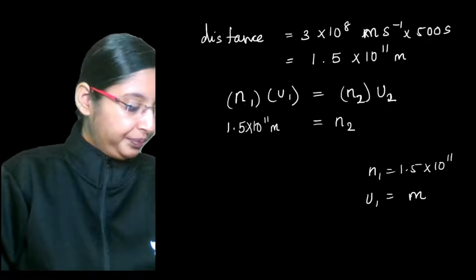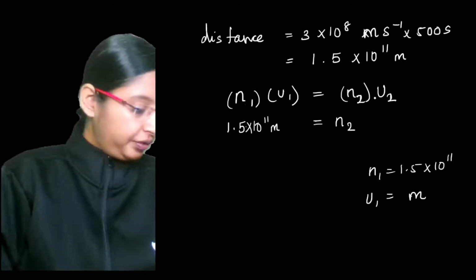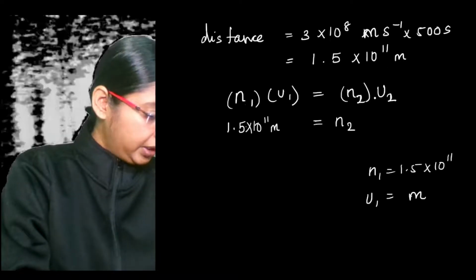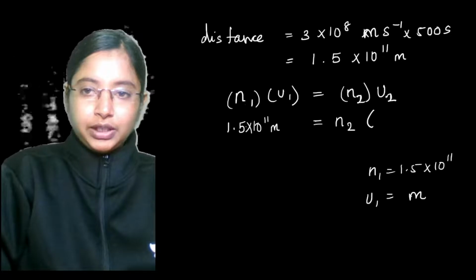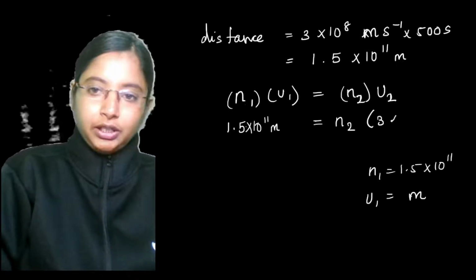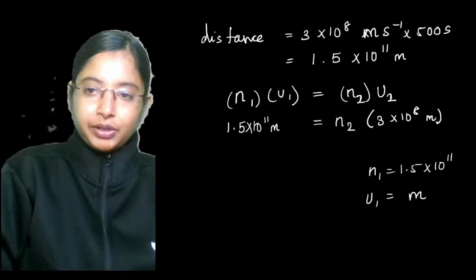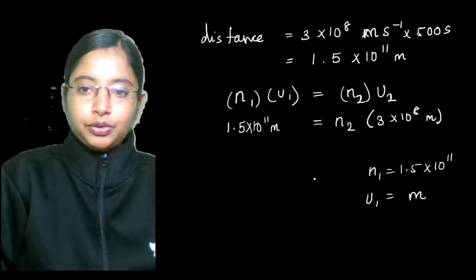And U2, according to the question, will be 3 into 10 to the power of 8 meters. U2 is this value. N2 is what you want to find.